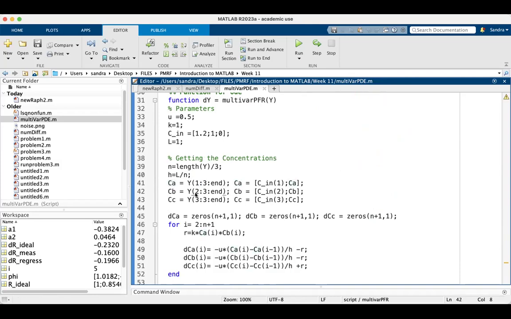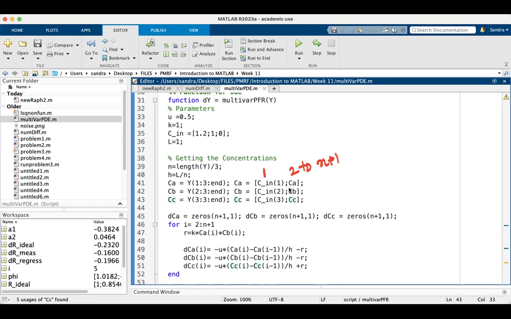If you start from the second index and jump by 3, you get the CB indices. If you start from the third index and keep jumping by 3, you get the CC indices. Now, this will only have points 2 to n plus 1. We need the whole vector, so you add the first reading also: the initial point CA, initial point CB, initial point CC. So this will have 1, and this will have 2 to n plus 1.